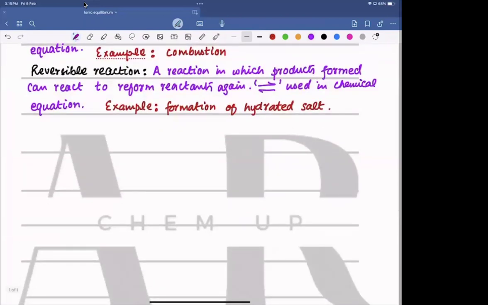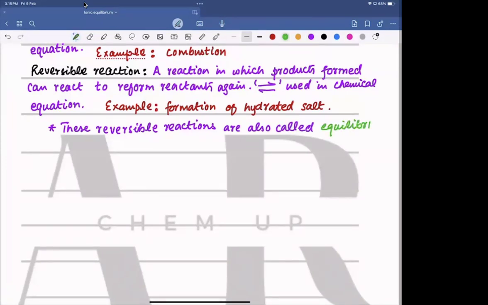So basically, these reversible reactions are also called equilibrium reactions.